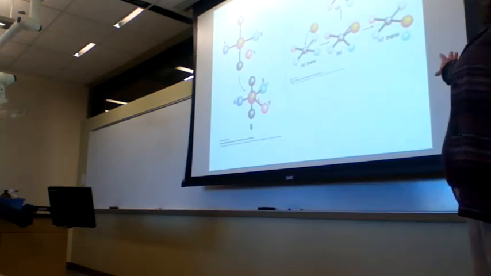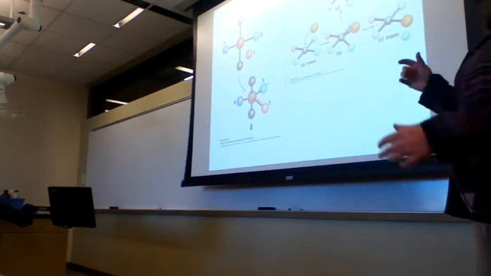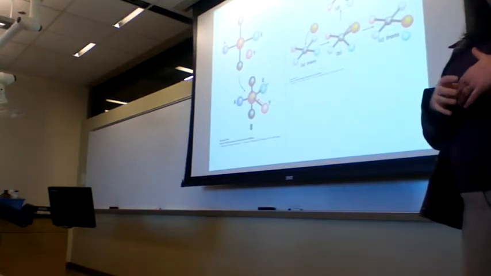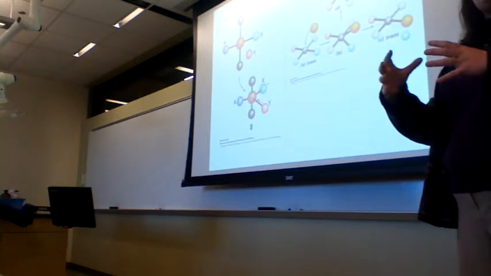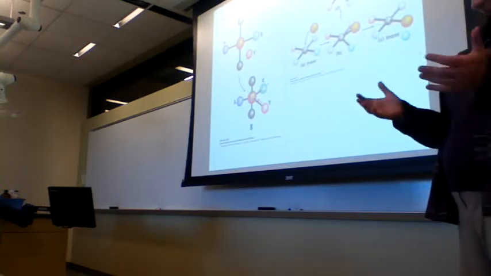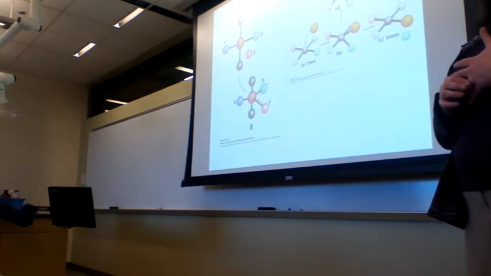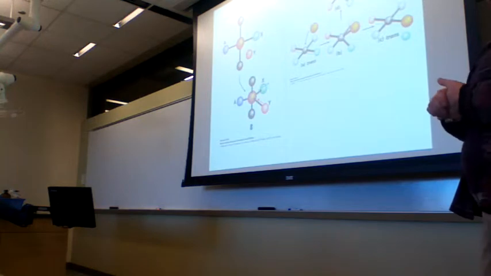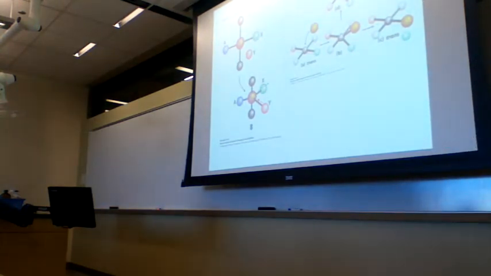The other possible geometry that it goes through is where it's square pyramidal. This happens a lot if we have bidentate ligands that are holding it into a ring, a heme. A lot of bioinorganic things are held into that square pyramidal state and react as a square pyramid with things coming on and off the other side.